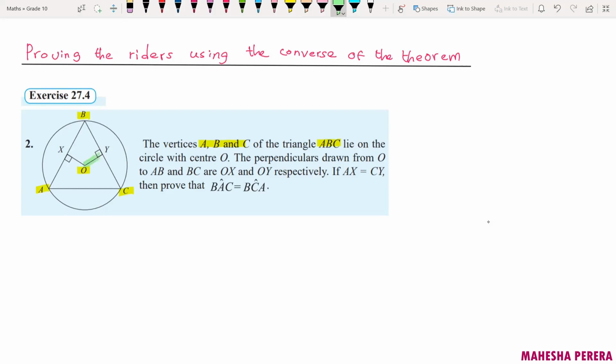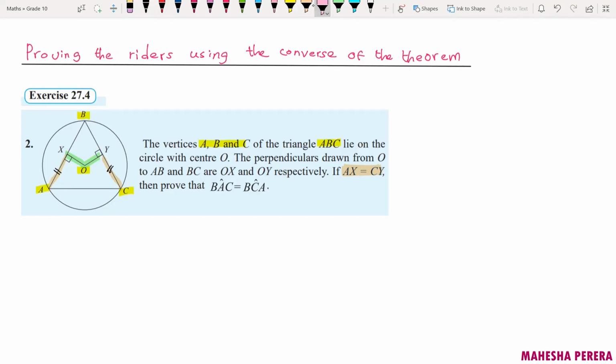So these lines are perpendiculars. If AX equals CY, AX is this length, CY is this length, and they have given that these two lengths are equal. Let's mark it.